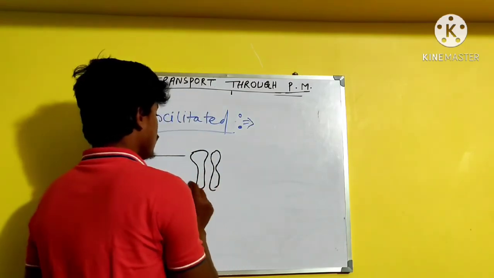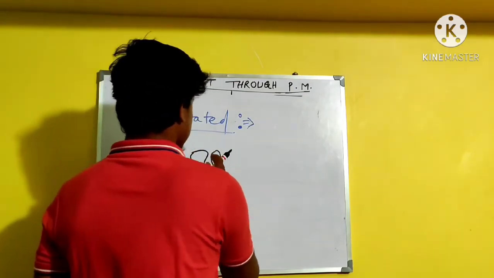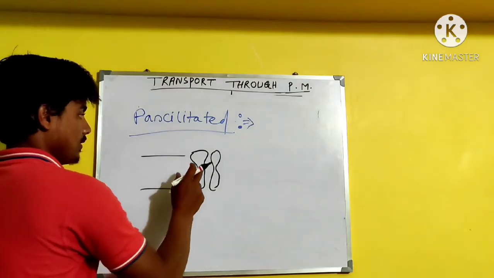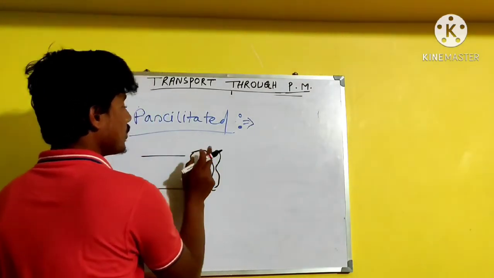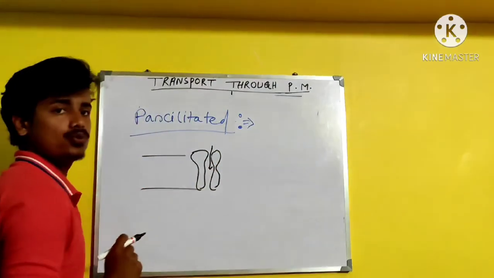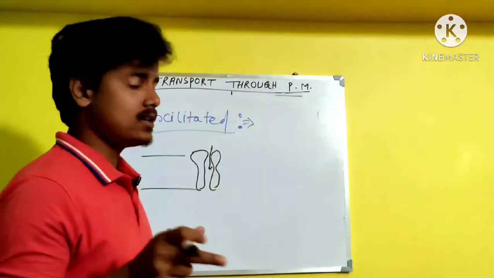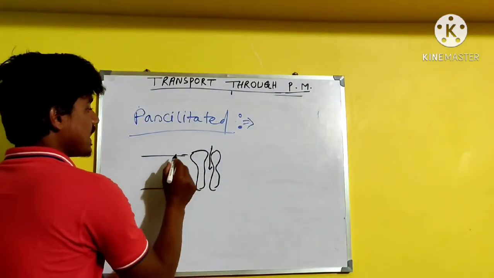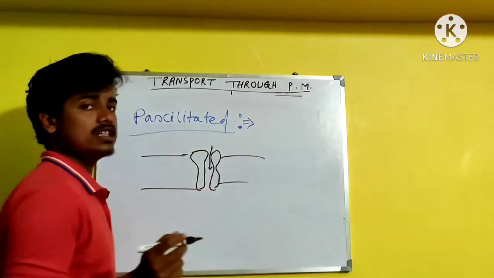When two proteins are positioned together, then a pore or channel is formed. Through this channel, elements can move.